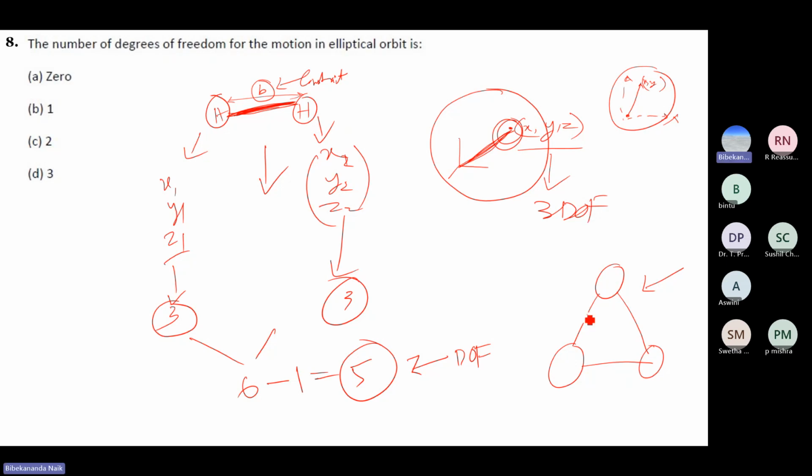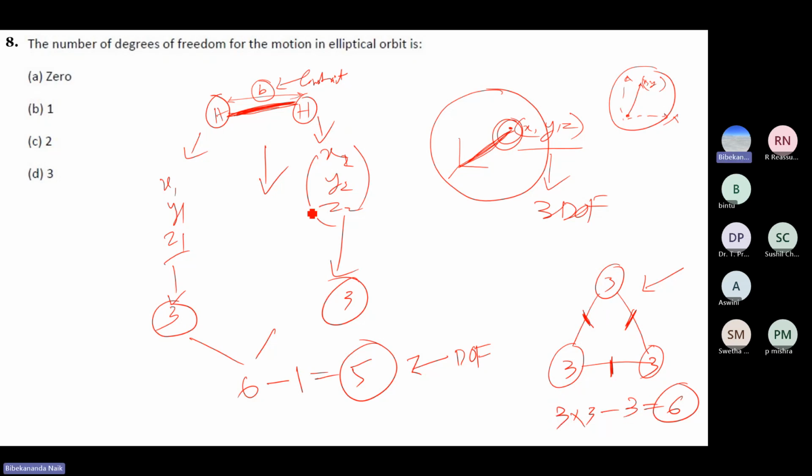Exactly. Each particle has 3 coordinates. There is one constraint, this is another constraint, this is another constraint. So there are 3 constraints. So it will be 3 into 3, 9, minus 3, that is 9 minus 3, it will be 6. So this is one example.